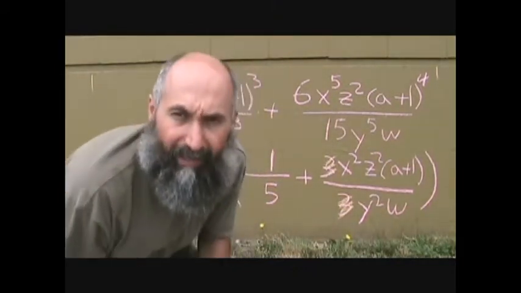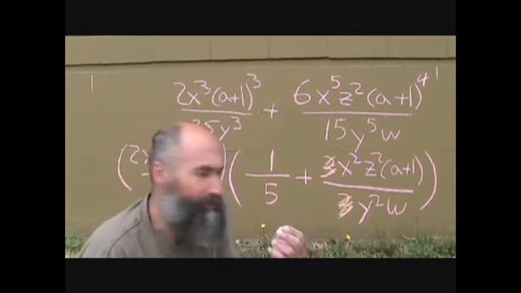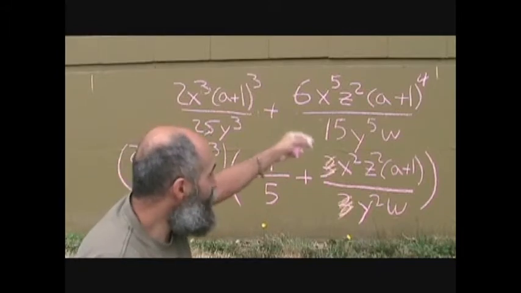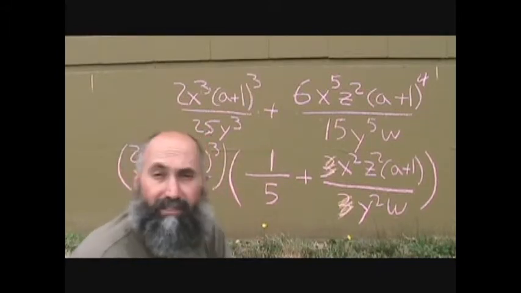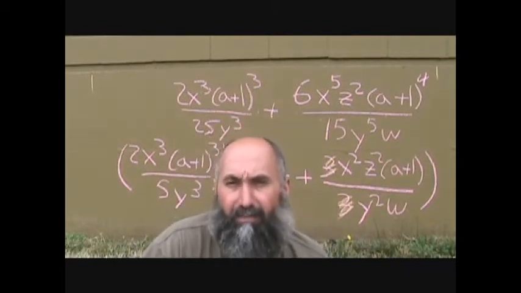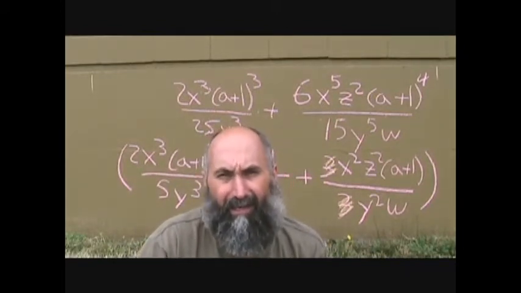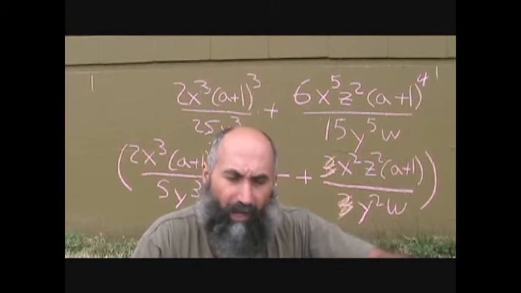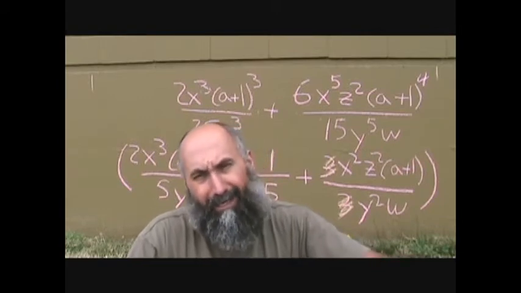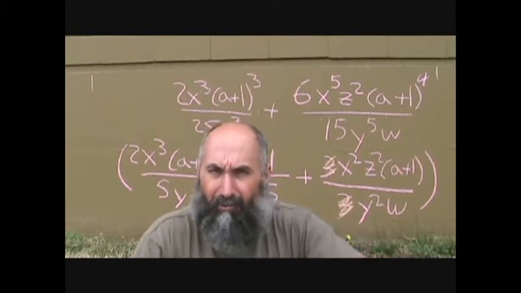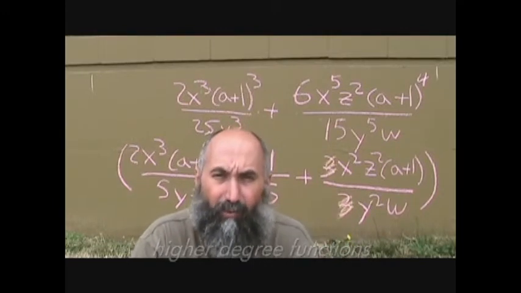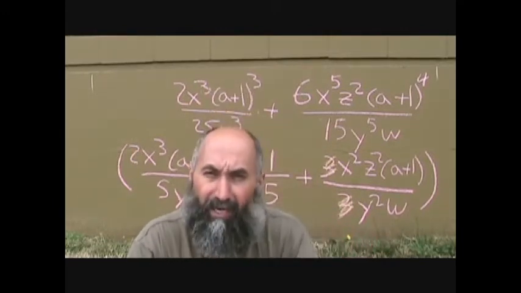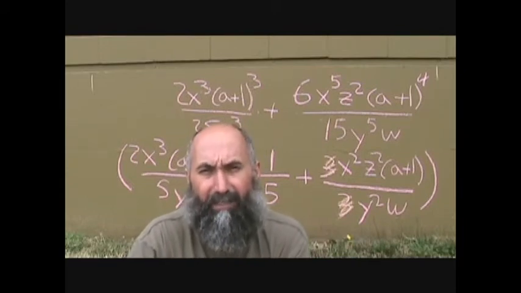Always try to simplify your equations. And when it comes to GCF, it's a super powerful tool. You're going to end up using it a lot. It comes up again and again and again. And when we go on from quadratic equations to polynomial functions, higher level functions than just x to the power of 2, where we're getting all kinds of weird curves, you're still going to use the GCF because it simplifies your equations.